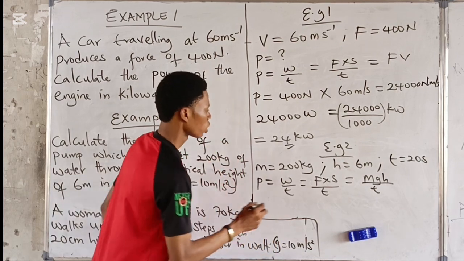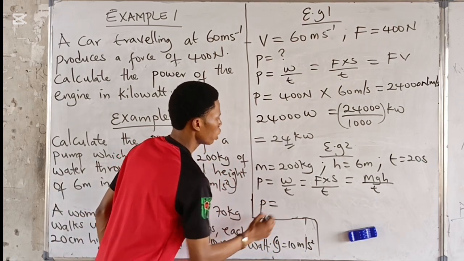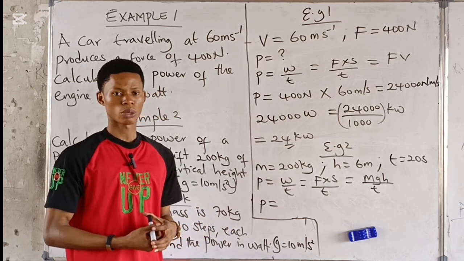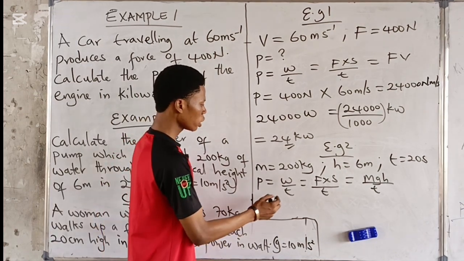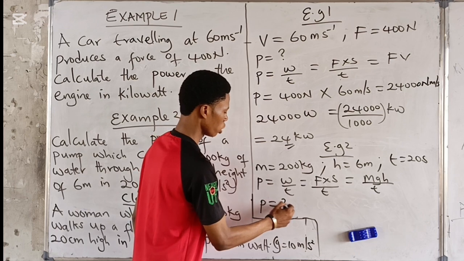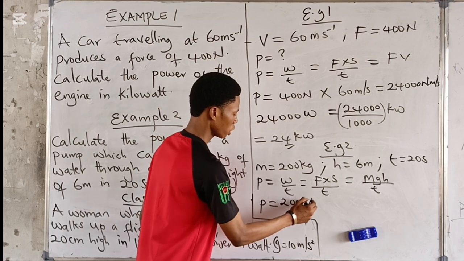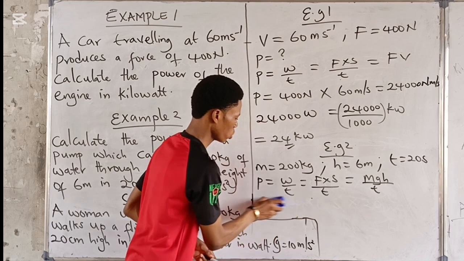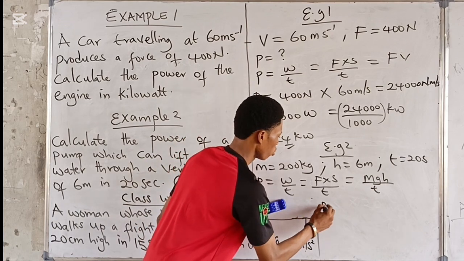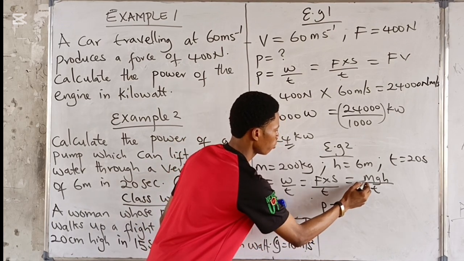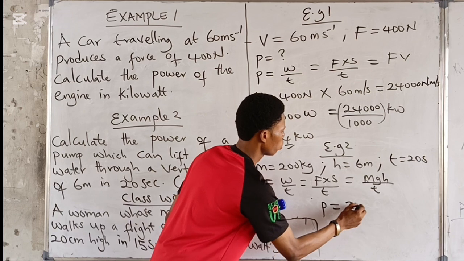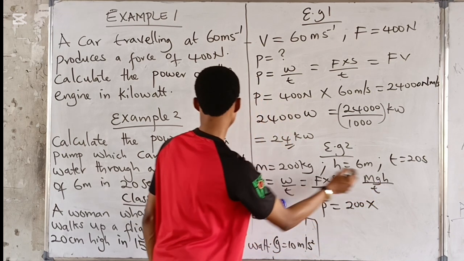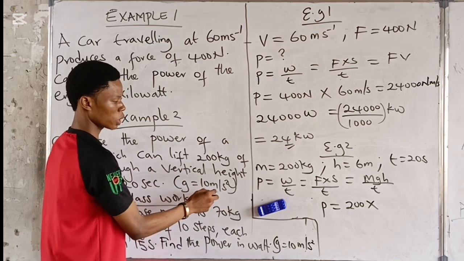Now look at this. Power will be equal to m. We're given m as 200 kilograms. Power will be equal to m, 200 kilograms, times g. From the equation, we're given g as 10 meter per second square.